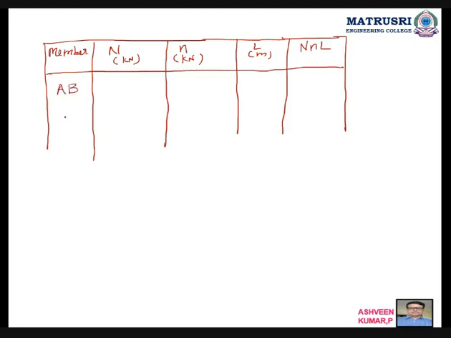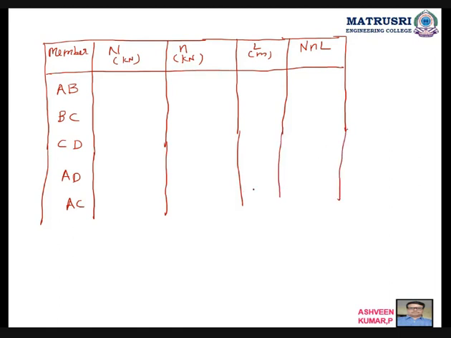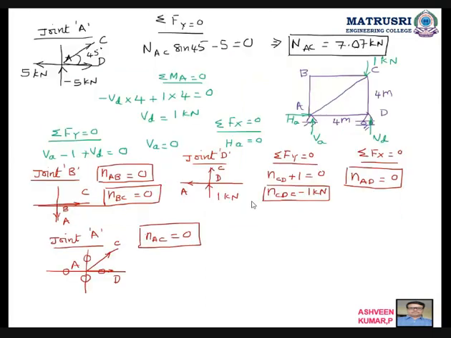AB, BC, CD, then AD, AC. These are the 5 members. You draw it. Write all the things. Then whatever capital N and small n you got, you can take those.